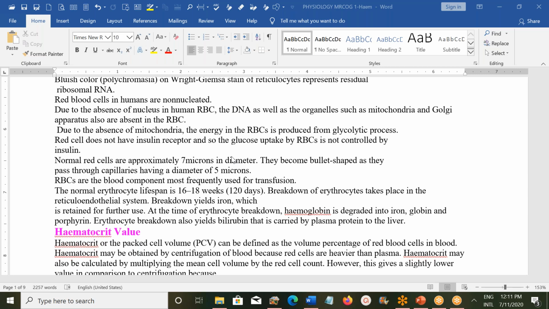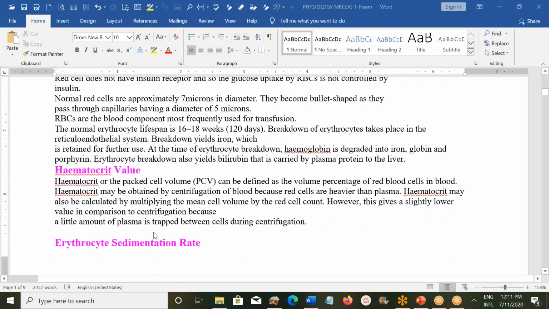So hematocrit value, so hematocrit. We can say that hematocrit or the packed cells can be defined as the volume percentage of the RBCs in the blood, that is, how many RBCs are present in the body of a person. So hematocrit can be obtained by centrifugation of the blood because the RBCs are heavier than the plasma, so they will settle down.